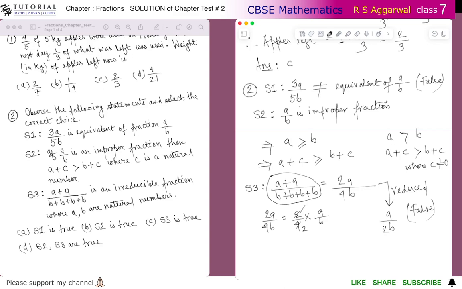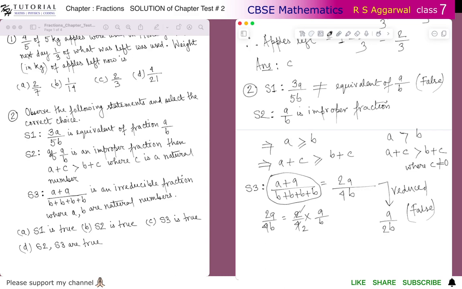It is actually A greater than or equal to B. In the question it is given A plus C greater than B plus C. If it was given A plus C greater than or equal to B plus C, then we could have chosen the choice B. But it is given only A plus C greater than B plus C. Choice C is definitely wrong, since S3 is false but it is given as true.